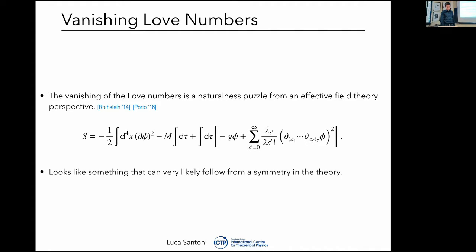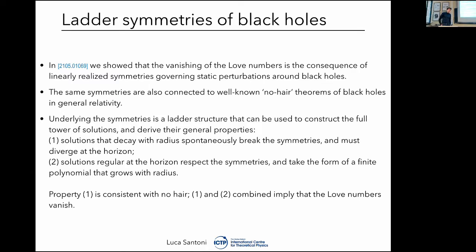And this is what I will be telling you. In fact, in this work, we show that the vanishing of the love numbers is a consequence of linearly realized symmetries that govern static perturbations around black holes. And the same symmetries are connected to well-known no-hair theorems for black holes in GR.